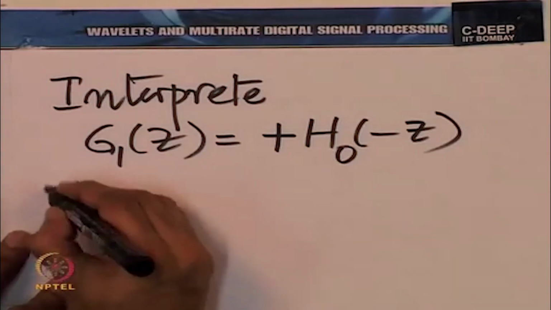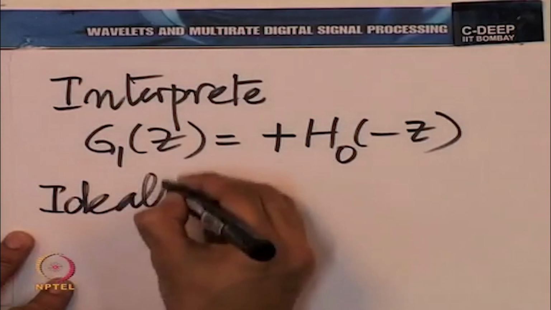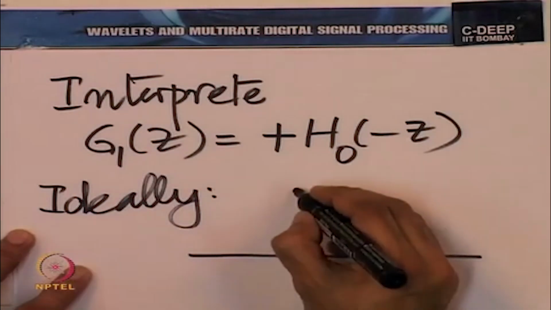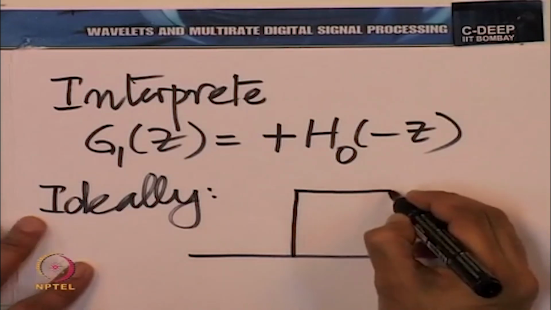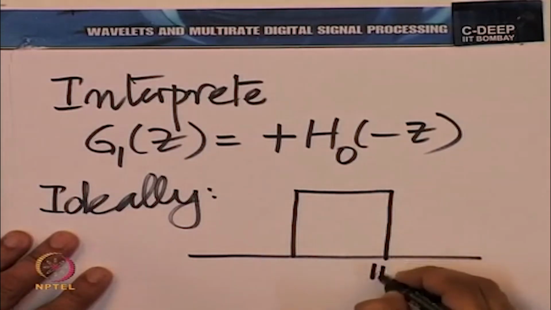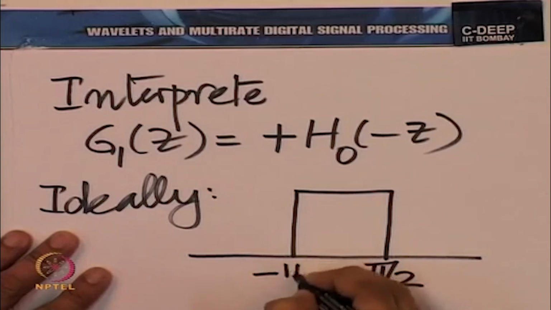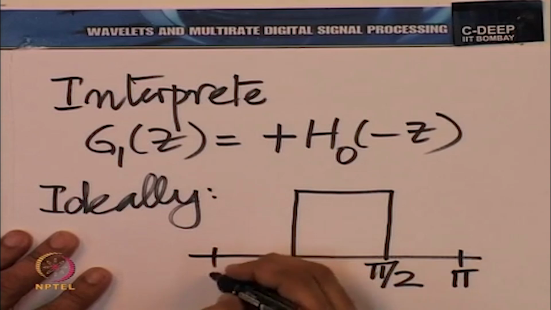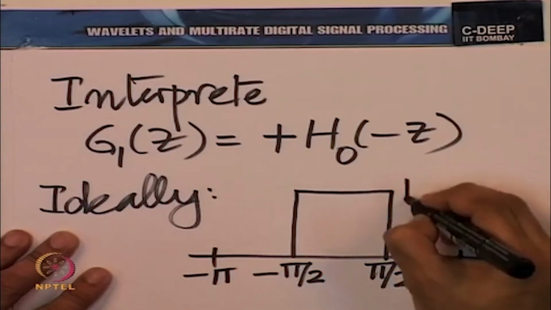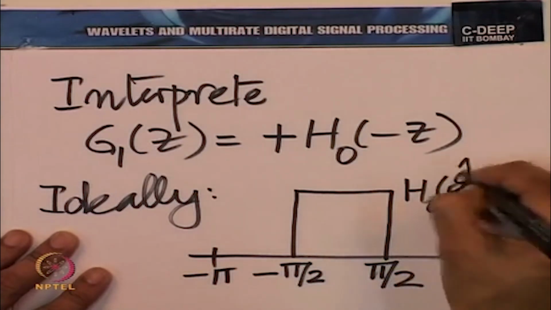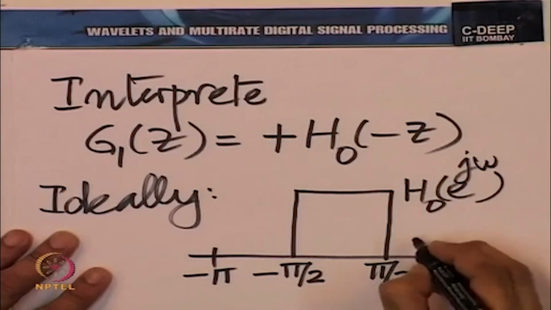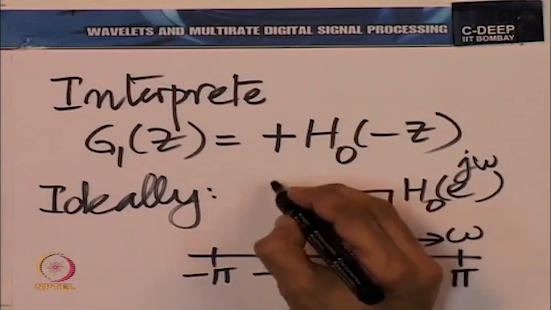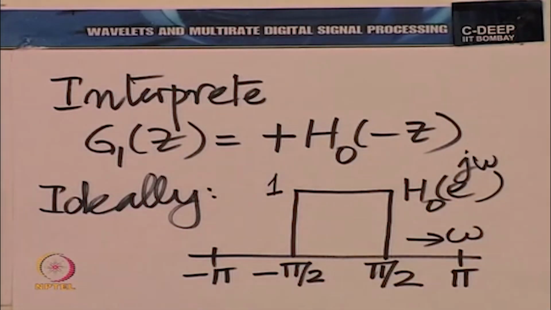You see, ideally, this is what the frequency response of h 0 should be. It should be an ideal low pass filter with a cutoff of pi by 2. So, this is what the frequency response should look like. This is 1, the height here.